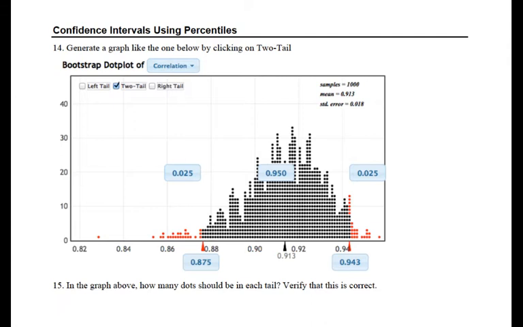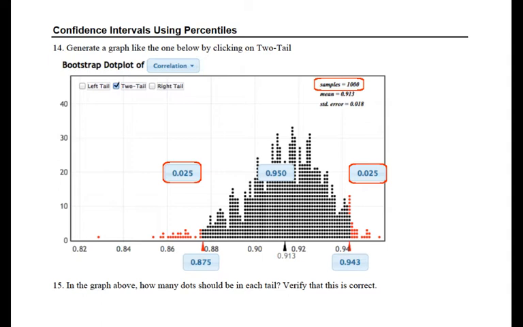So in this image here, we have a total of 1,000 bootstrap samples. We have 2.5% of that 1,000 in each tail. So if we wanted to estimate these endpoint values by hand, then we would want to figure out how many dots are in each tail.